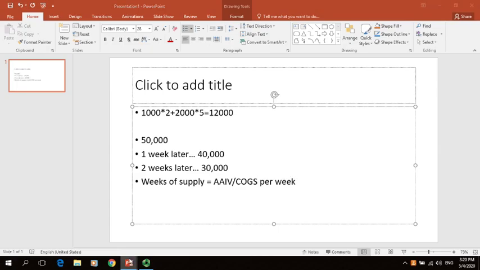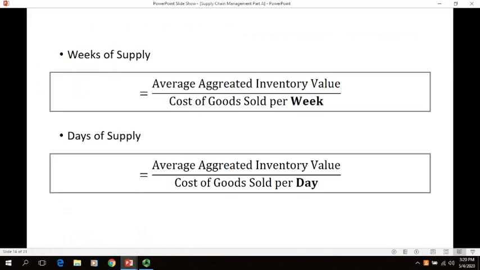So that's the first formula for the number of weeks of supply. And similarly, you can find the formula for the number of days of supply, and that's AAIV divided by the cost of goods sold per day.